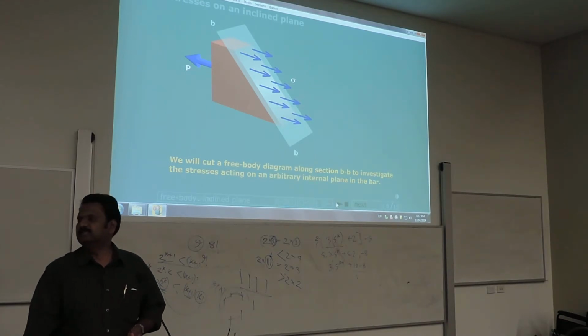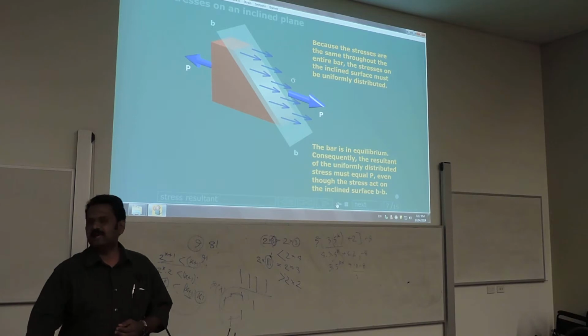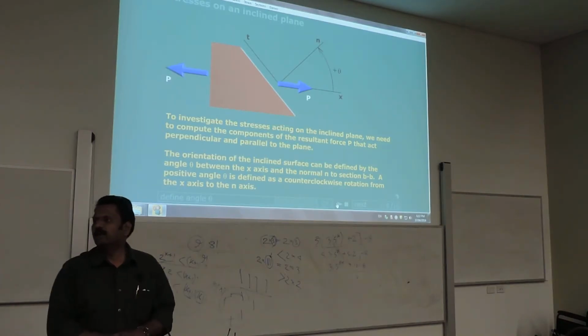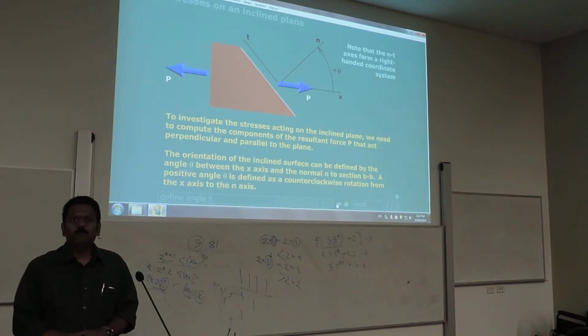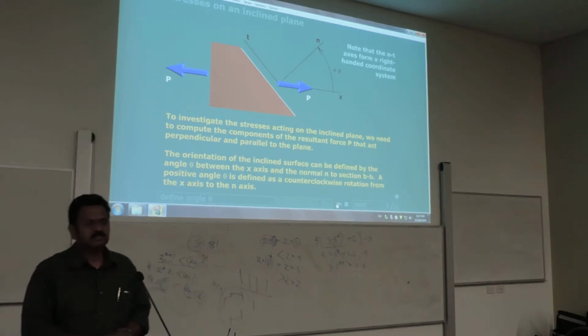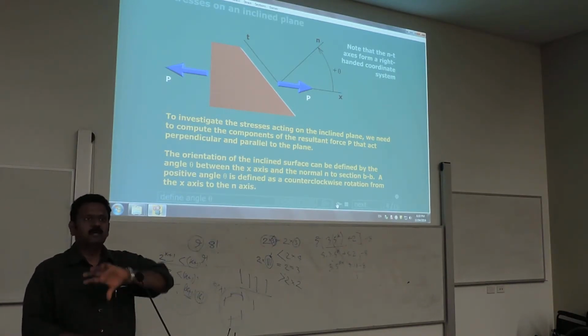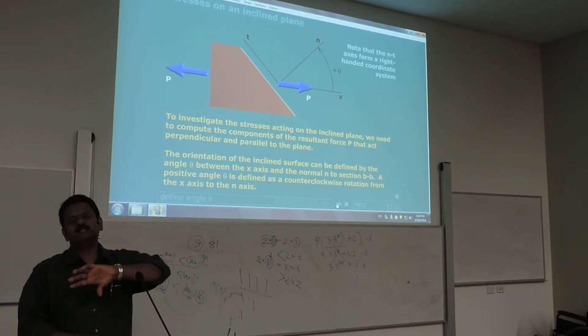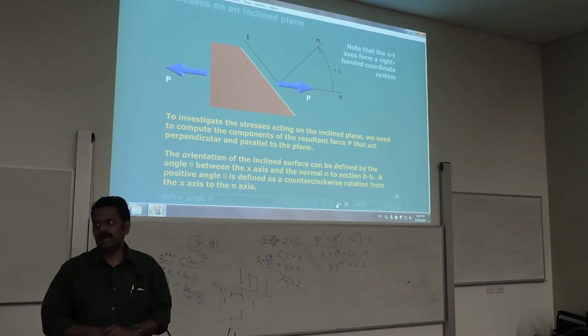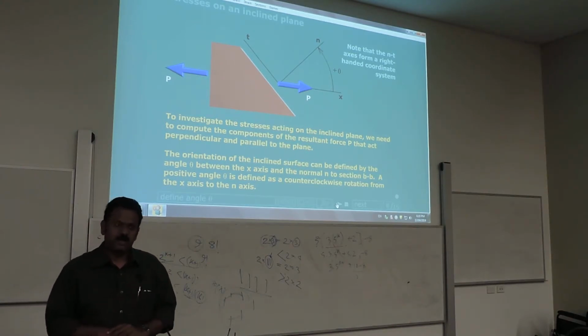This is obviously going to be inclined at an angle, and we use a specific sign convention to quantify that inclination. The theta is always subtended in the counterclockwise direction as shown.